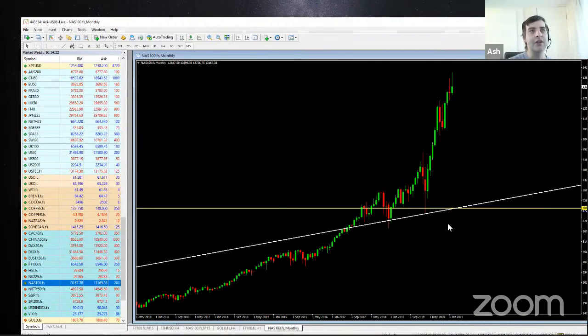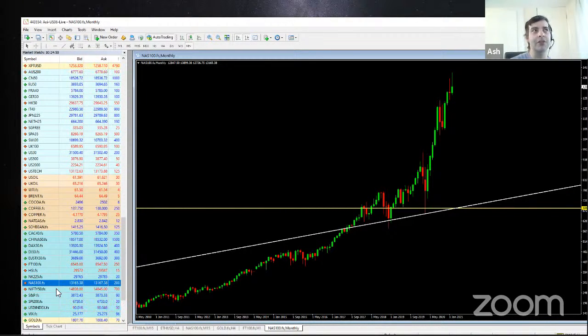I think this is rotation. I think that what we've had is a big move in growth, and now we're going to get a big move in value, and that's why I think the Russell 2000 does well in the next phase. Because Jerome Powell basically said yesterday that everything's still accommodative. Apart from that 10-year bond yield, there's still plenty of liquidity and support for the economy and for the equities out there.